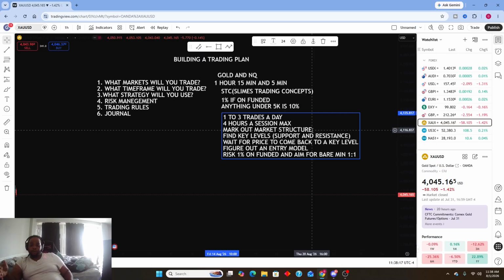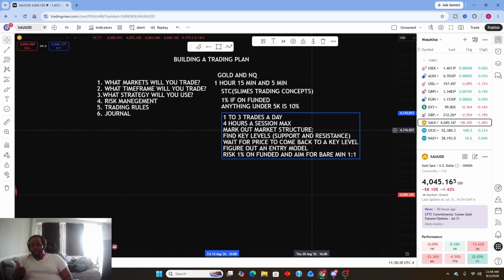By entry models, I mean this. Is this a support and resistance play? If so, we're waiting for the rejection, stop loss underneath the lows, or if you're selling, over the highs. Is this a supply and demand play?